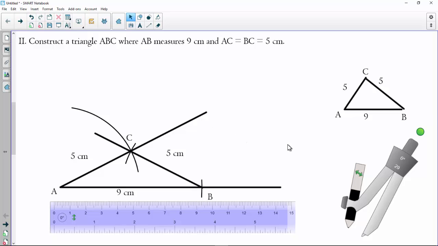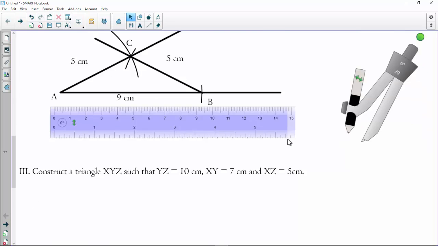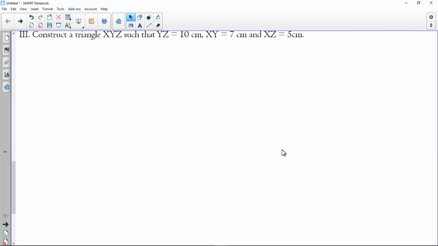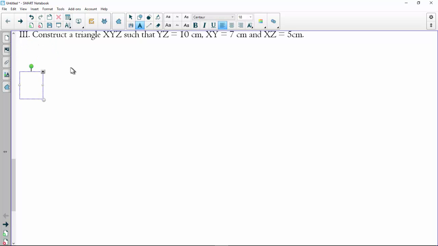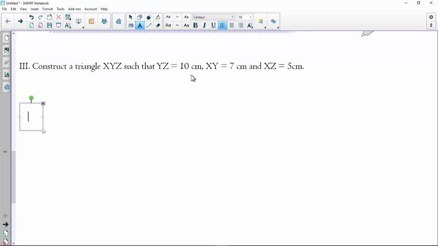So let's do one more now, and we are going to construct a scalene triangle. So let's see. Now notice I skipped this one here because previously I said YZ will be 10 centimeters.